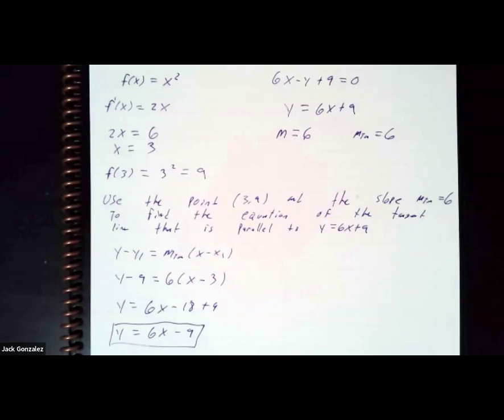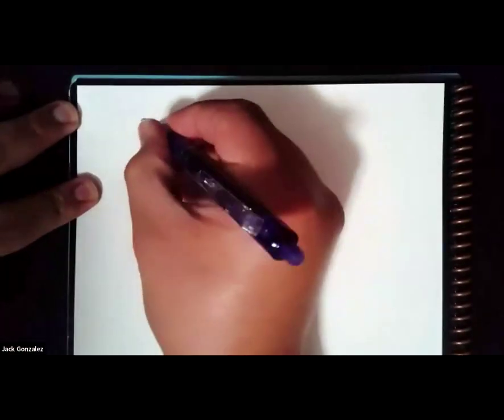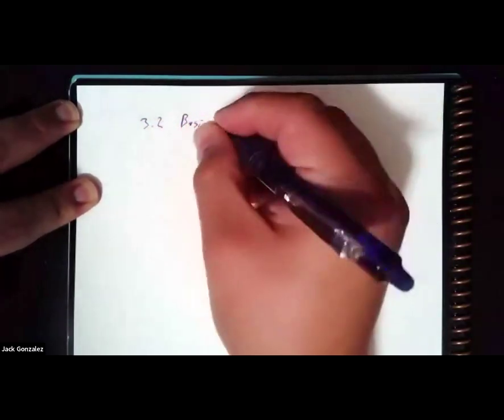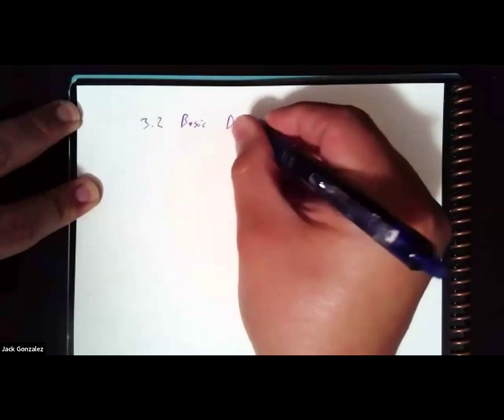I think we have some time. Let's go ahead and just go through 3.2 real quick. Maybe we can just chill Thursday. I don't know. We'll see. Basic differentiation.